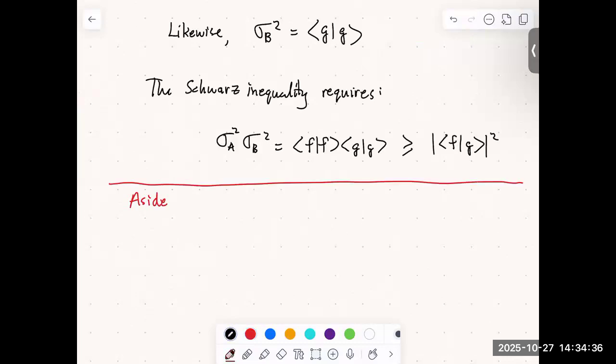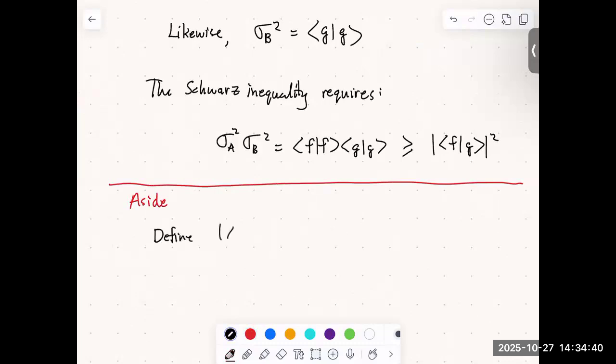And so the way you do it is you define gamma as g minus the inner product between f and g divided by the inner product of f with itself, times f. Okay, so remember, these are just vectors. These inner products are just numbers. And so this is a vector minus some number times another vector. Okay, we can define that, that's fine.